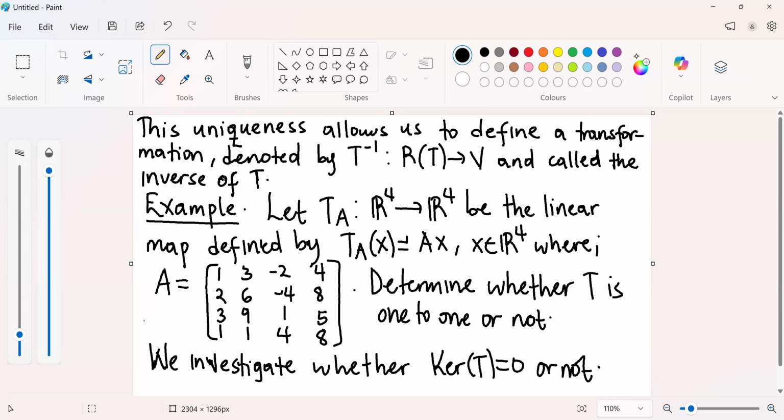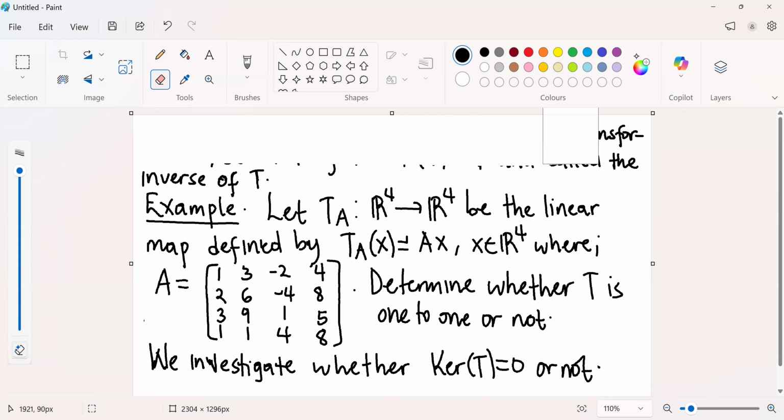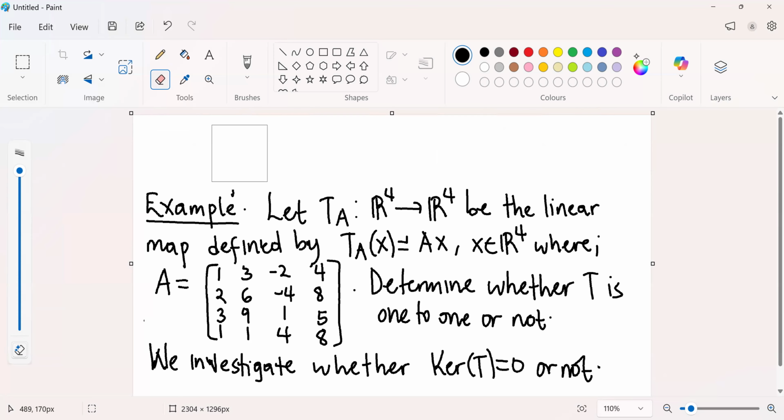The kernel is the null space, that zero space which we get by row reduction, because fundamentally this is how it is defined. The range is the column space, but the kernel is the null space.